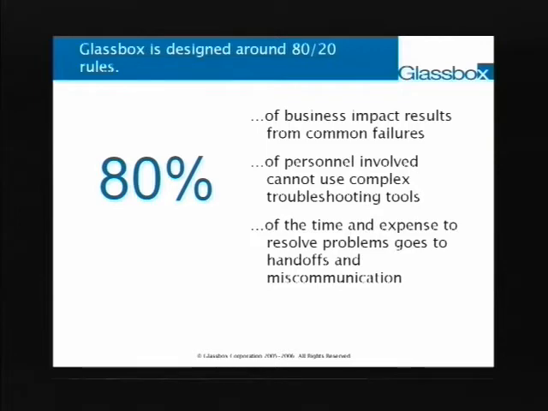They may be very smart people, but they don't know this particular piece of technology or this particular system intimately enough to pore through a detailed dump of information from it. And 80% of the expense and difficulty in troubleshooting comes from handoffs, miscommunication, trying to get on the same page. It's hard enough when everyone is just operating normally, let alone when there's a crisis and things are not running well, to do a good job.